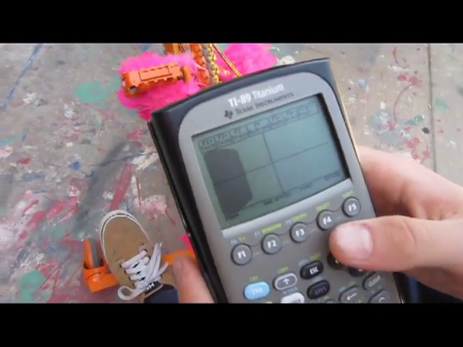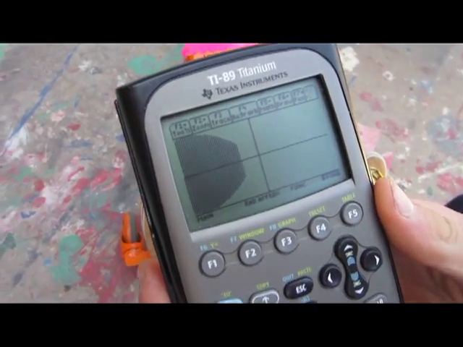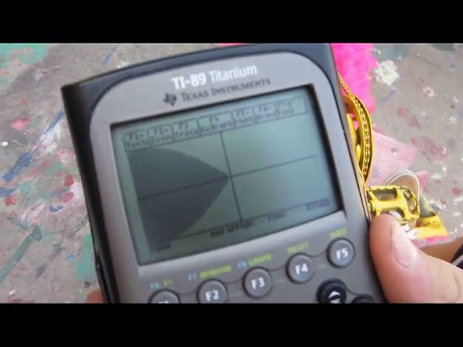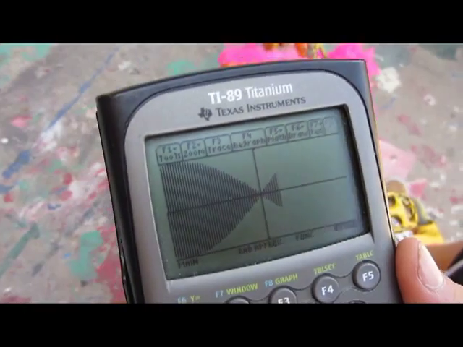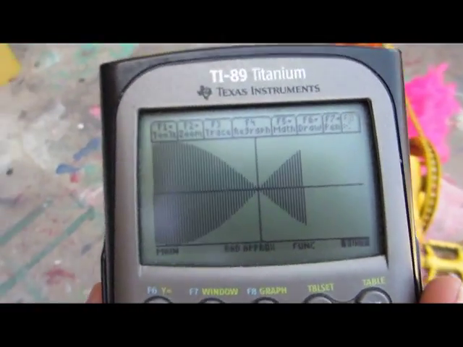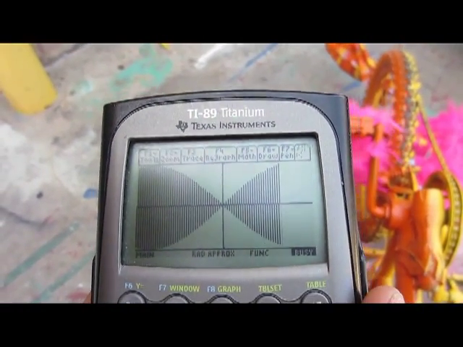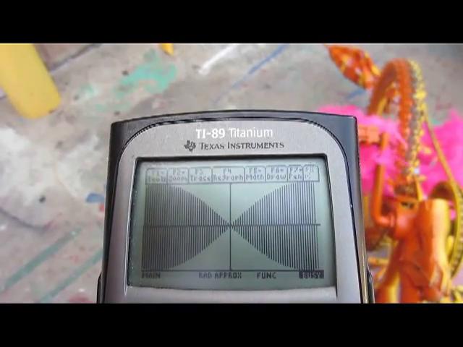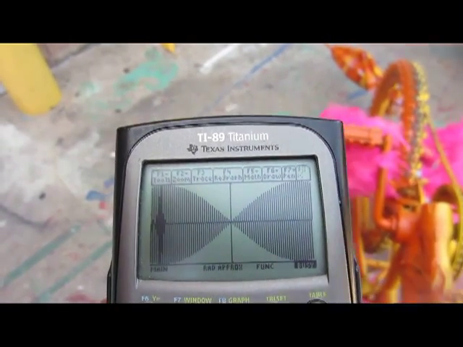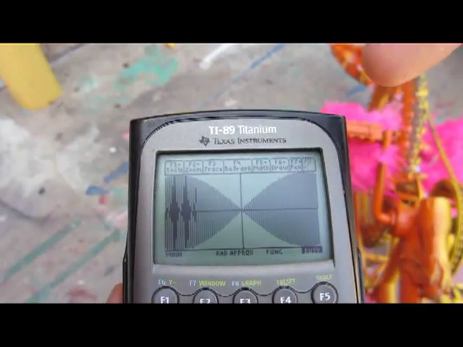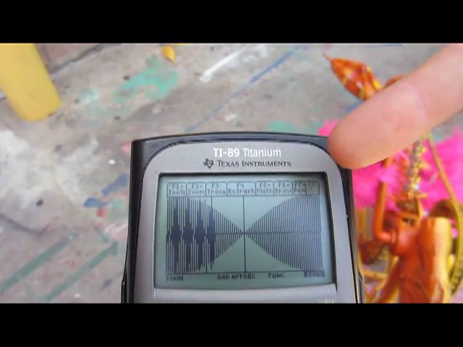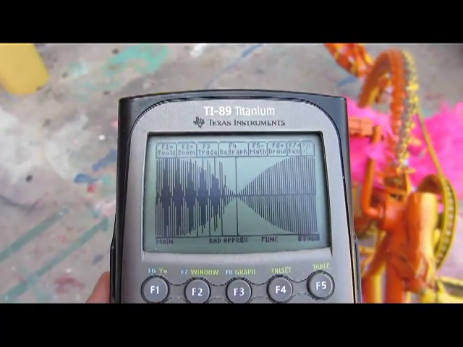Alright, see, this is graphing right now. This is the note G. See, it makes a pretty little oscillation. And you can see the line is matching up. This is E. It's doing the same thing except much faster. It's making the line darker.